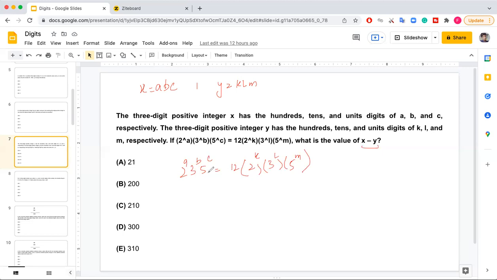First, let's simplify this. What is the prime factorization of 12? That is 2 square into 3. Now, using the property of exponents that whenever the bases are the same, the powers add up, on the right side we get 2 power k plus 2, 3 power l plus 1, and 5 power m.